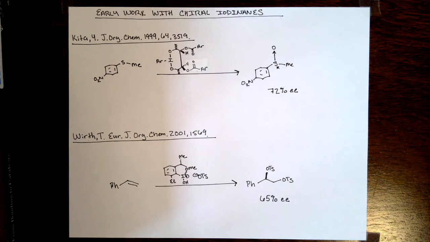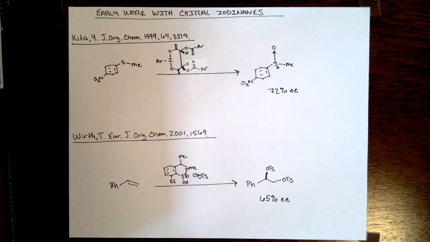So that was one of the first examples of one of these difunctionalizations of styrenes. Continuing forward, Wirth went on to develop a catalytic method for this dioxytosylation using a chiral iodine. Just recently in 2020, the same group from Wirth developed an acetoxylation that uses a more recently developed iodoarene style chiral catalyst.